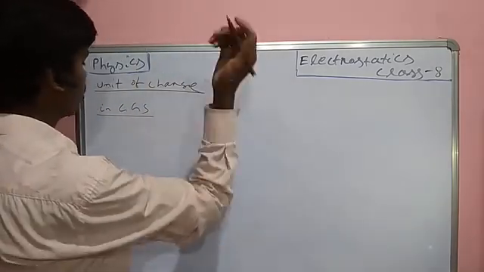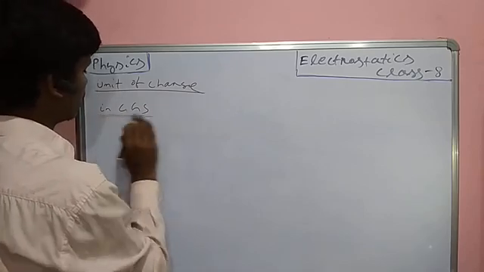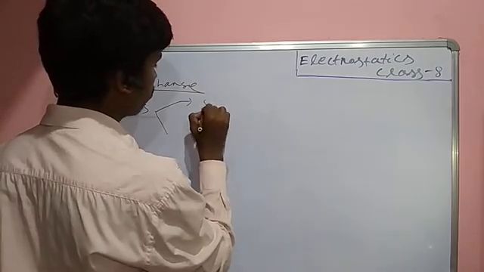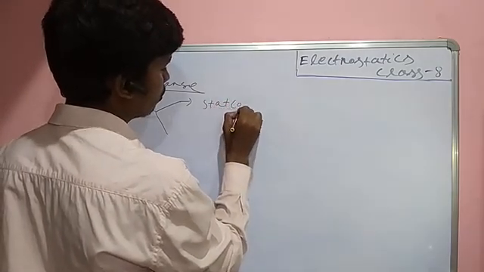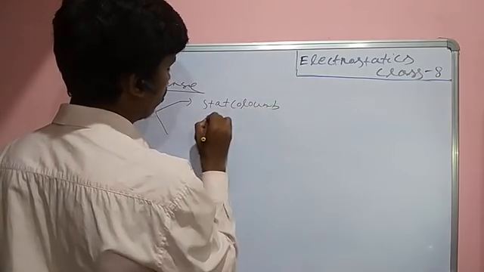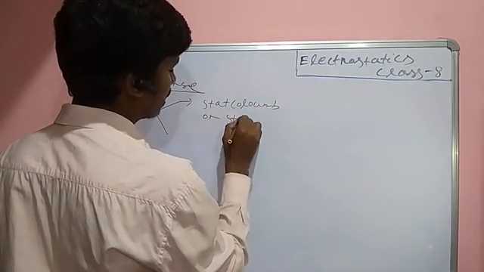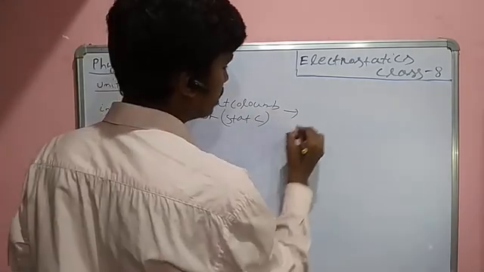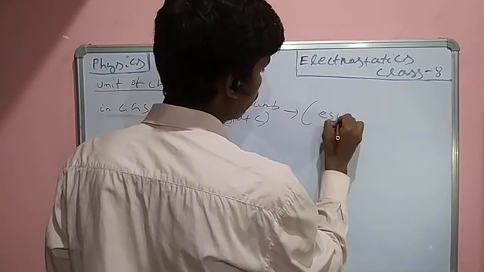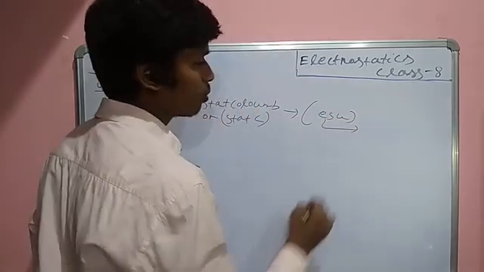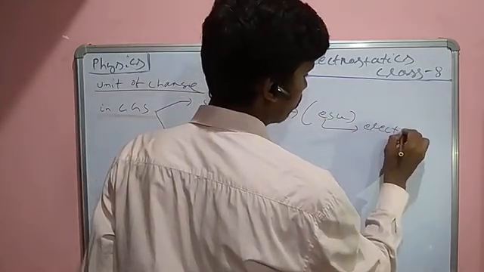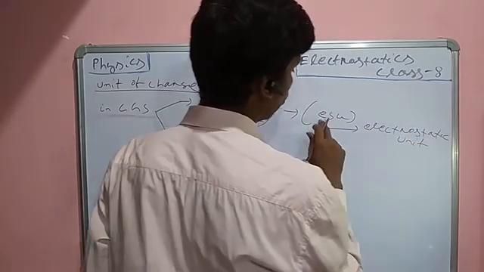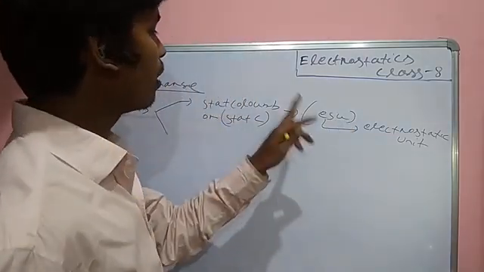One is the statcoulomb, or shortly written as stat coulomb, in ESU. ESU means electrostatic unit. That is in the CGS system.